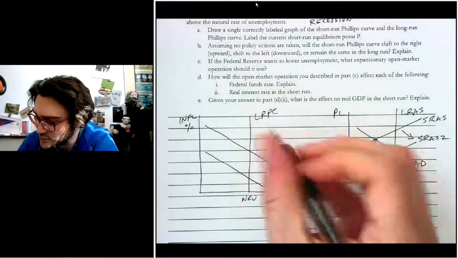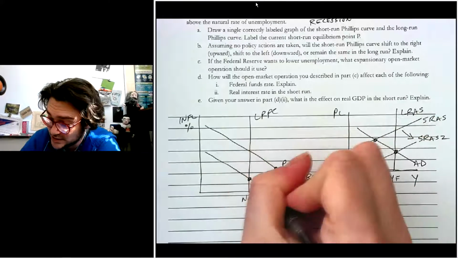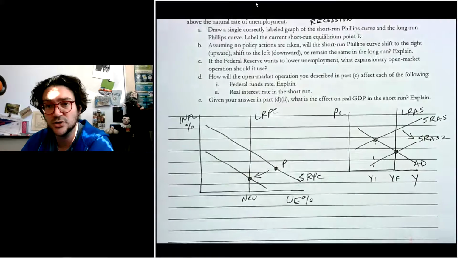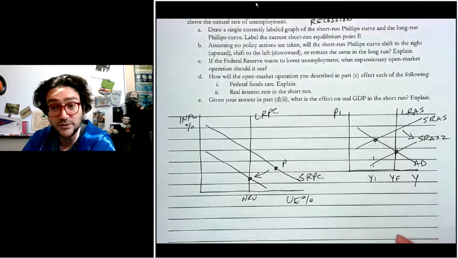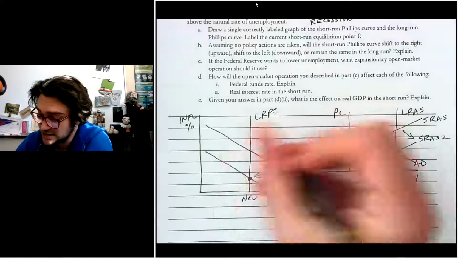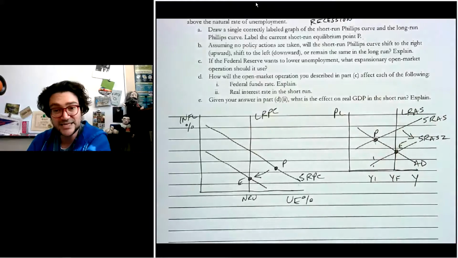We're moving back, shifting back over to here. It's that diagonal movement still occurring. It doesn't ask for a point, but that would be point P, the same over here. And this is the equilibrium point that we're going back to.